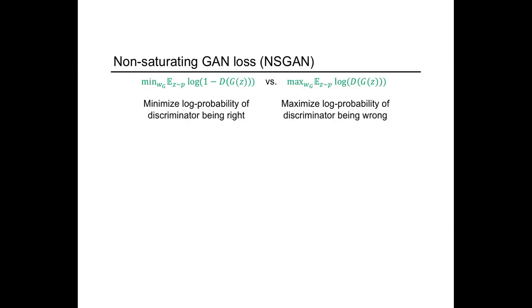Okay, so let's see some examples of how GAN is implemented. The first example is called the non-saturating GAN loss, which alternates between minimizing the log likelihood of 1 minus D(G(z)) versus maximizing the log likelihood of D(G(z)).